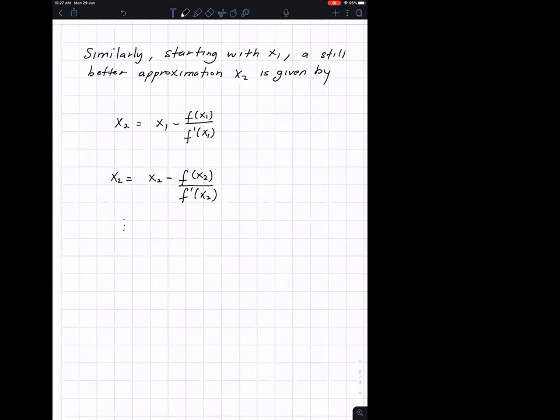So now we look at an example to see how to apply this formula to find the root.